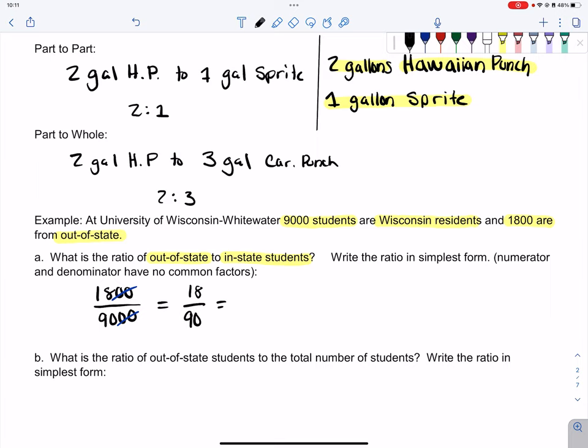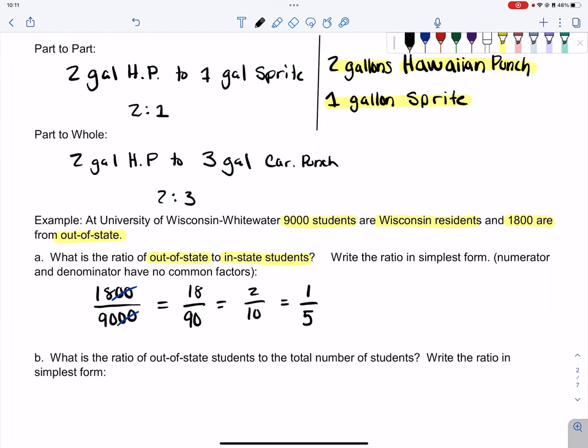Both 18 and 90 are divisible by 9. So this means we are going to have 2 over 10, which now both of those are divisible by 2 to give us 1 over 5.